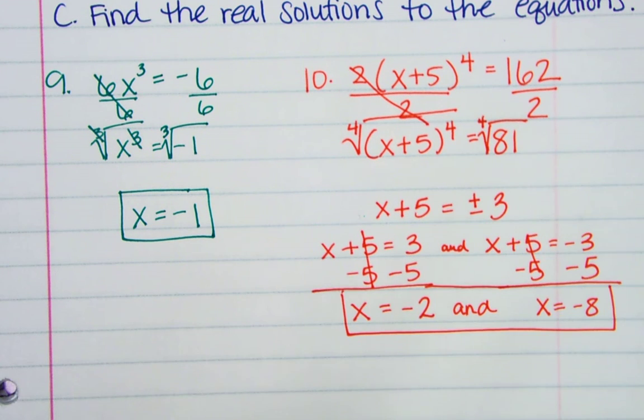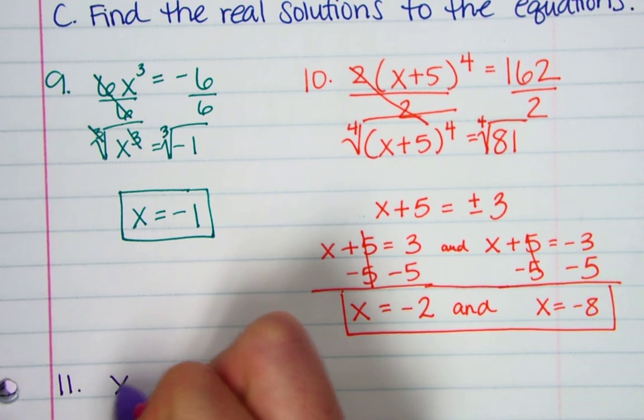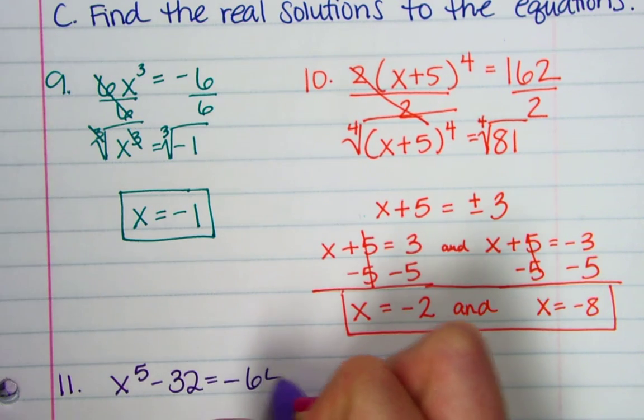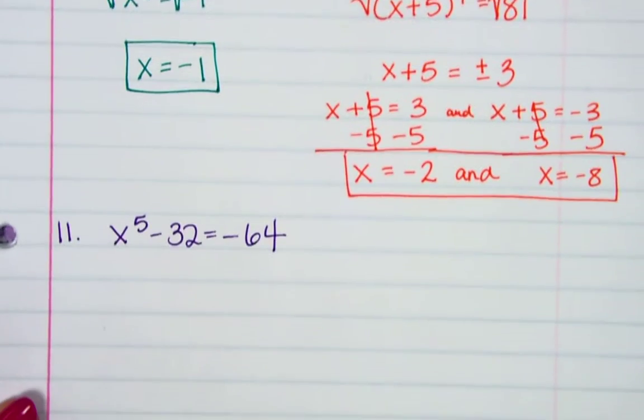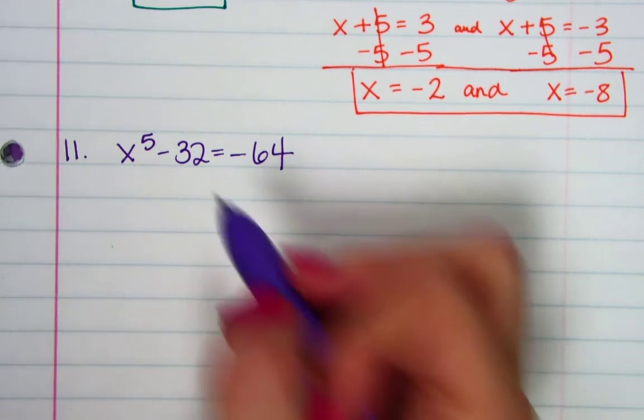Dos más. Okay, 11: x to the 5th power minus 32 equals negative 64. What do you have to move? Got to move the 32.